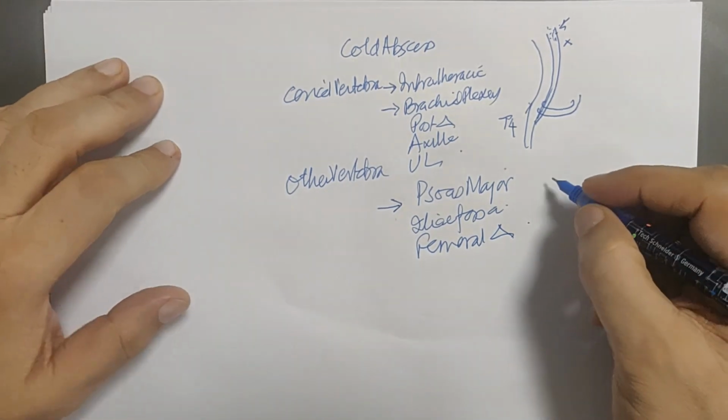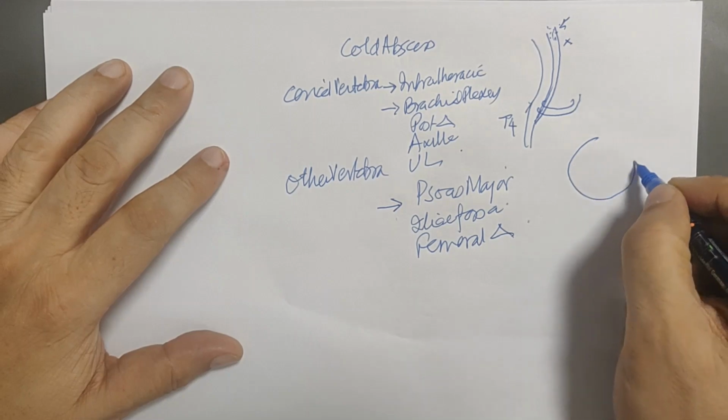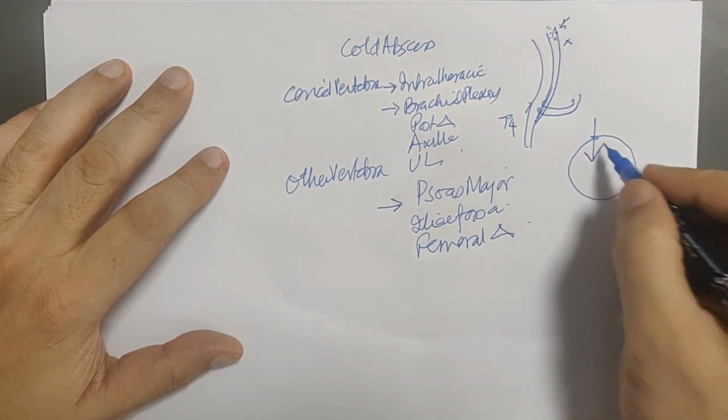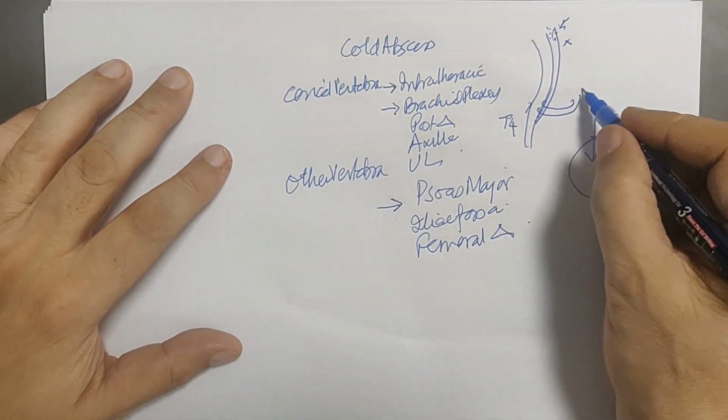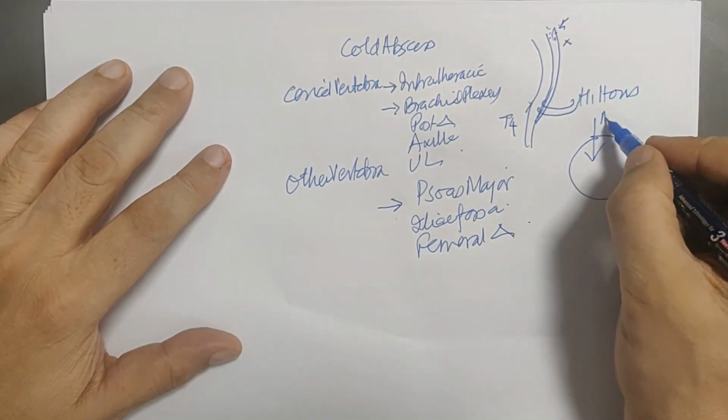Now a normal septic abscess needs to be drained from its most prominent point, by a stab incision. That is called Hilton's method of drainage.